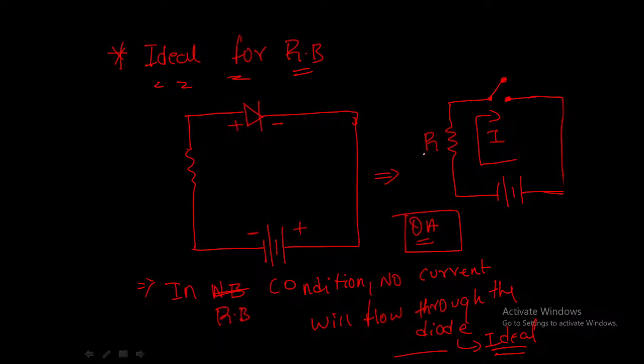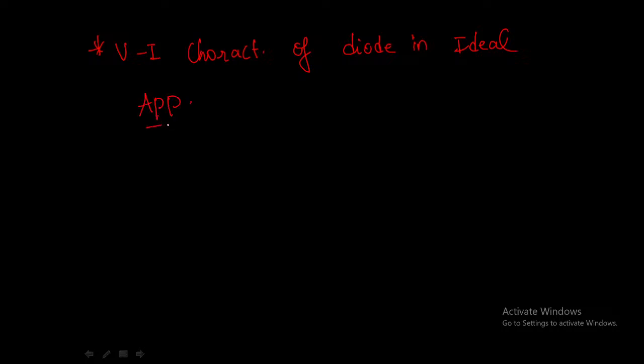Now let us find the voltage and current. First let us draw the VI characteristics of this diode in forward bias and reverse bias in the ideal approximation. Let me write it here: VI characteristics of diode in ideal approximations.